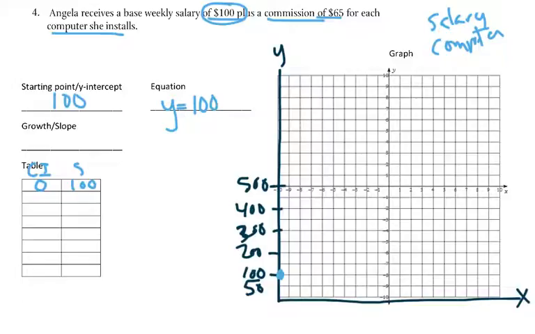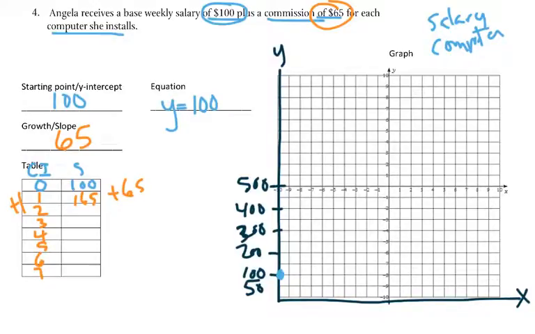Now, how is it growing? Well, she gets a commission of $65, so as this goes up by a computer install, this is going up by $65.